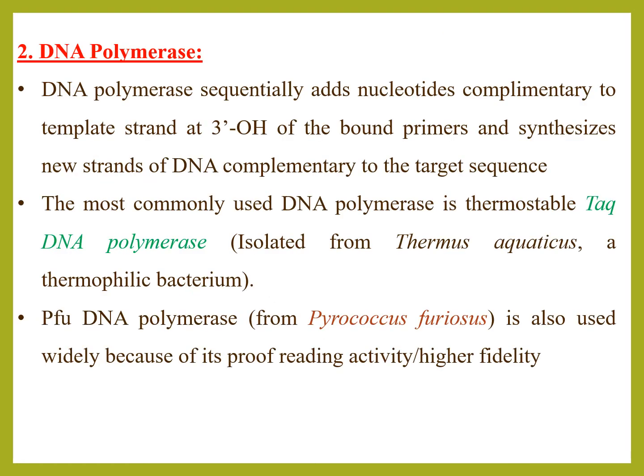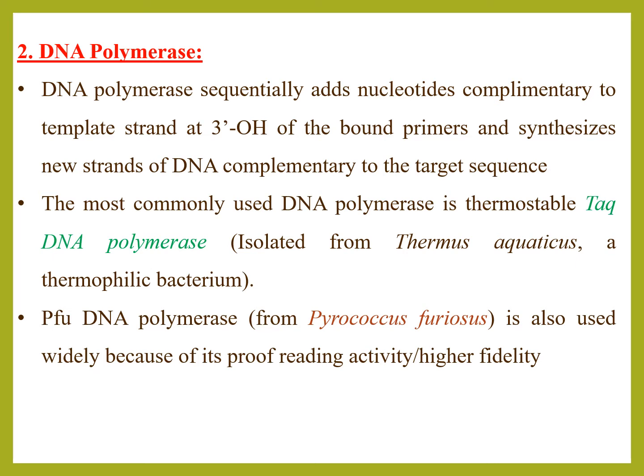Coming to the DNA polymerase, its activity is to add nucleotides complementary to the template strand at the 3' hydroxyl terminal with the help of bound primers, and it synthesizes a new strand of DNA complementary to the target sequence. The most commonly used DNA polymerase is thermostable Taq DNA polymerase.